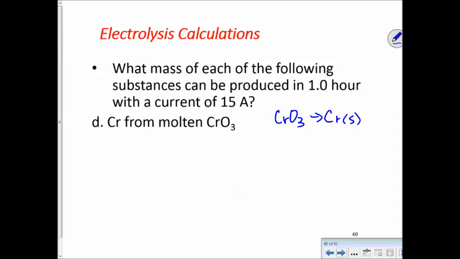What is that? This is going to be minus 2, so this is a total of -6. So this must be a plus 6 in that chromium in the chromium 6 oxide compound. So it's a matter of 6 electrons that need to be added in. So it's a matter of 6 moles of electrons here.